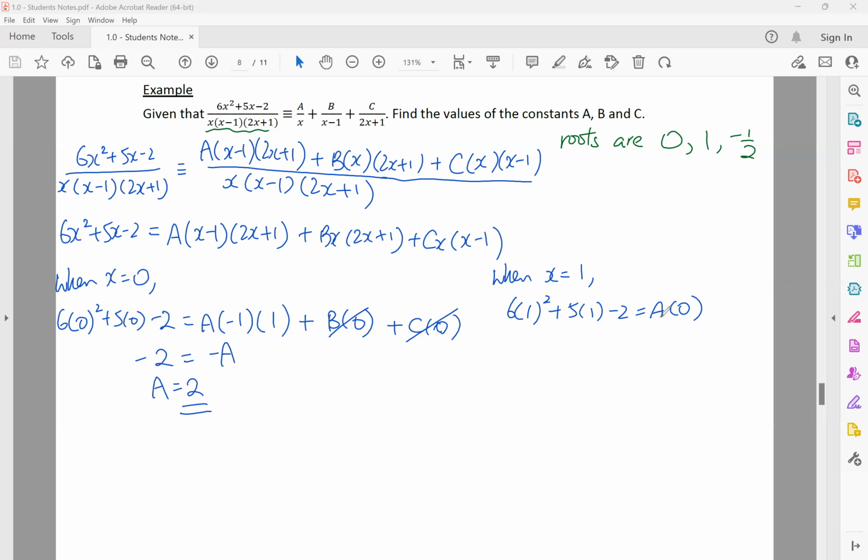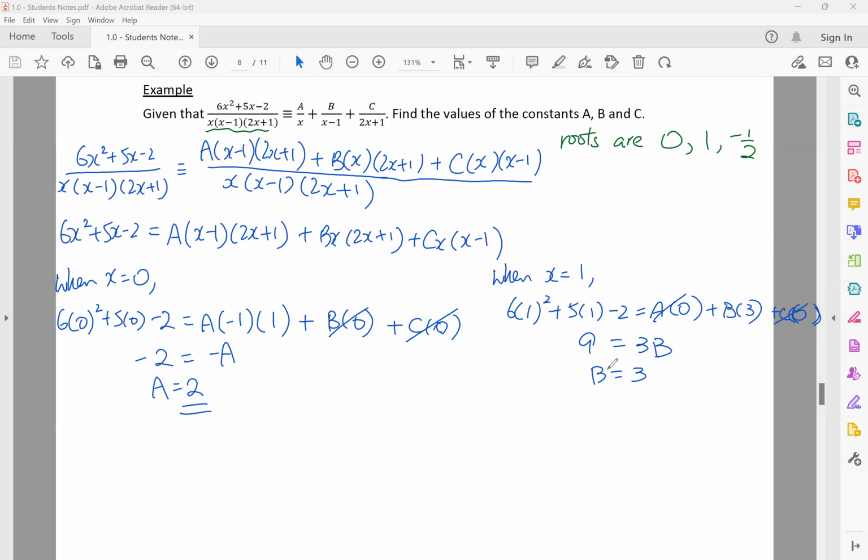So you can see a is gone, b is not, so plus b times 1 times 2 times 1 plus 1. 2 times 1 is 2, plus 1 is 3. C is gone, c times 0. So 9 equals 3b. So b equals 3.